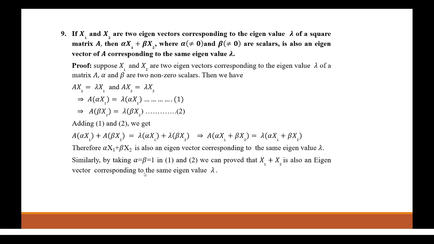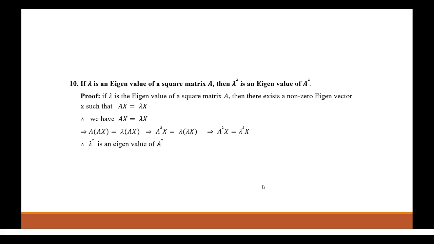Similarly, by taking alpha is equal to beta is equal to 1 in equations 1 and 2, we can prove that x1 plus x2 is also an eigenvector corresponding to the same eigenvalue lambda.